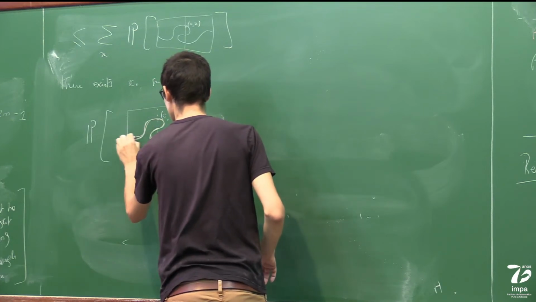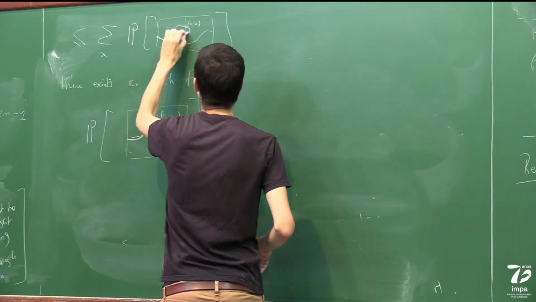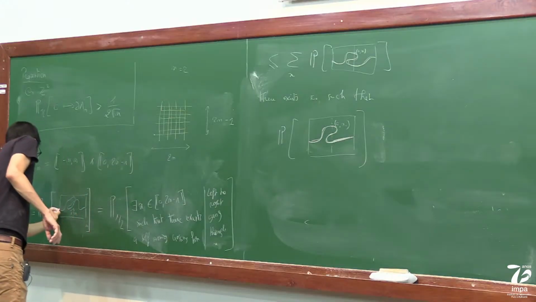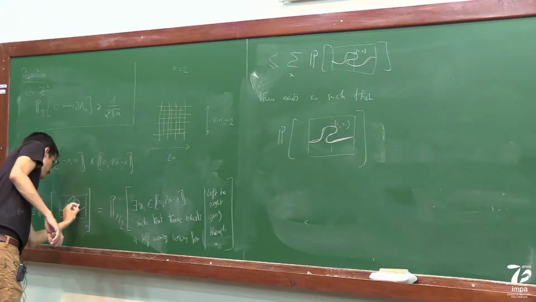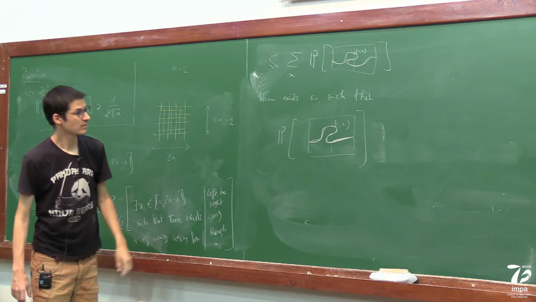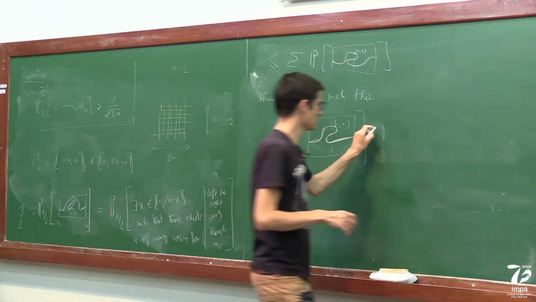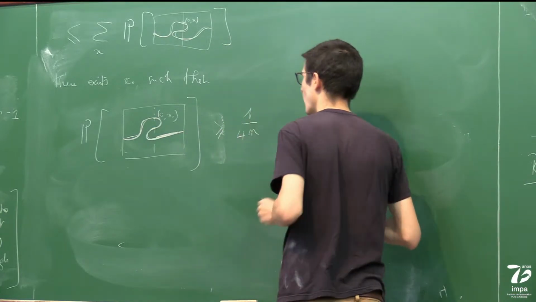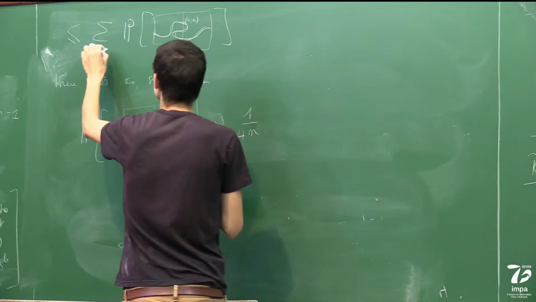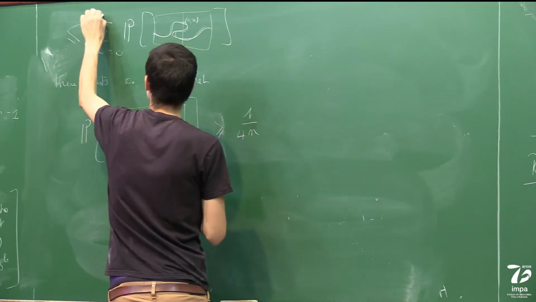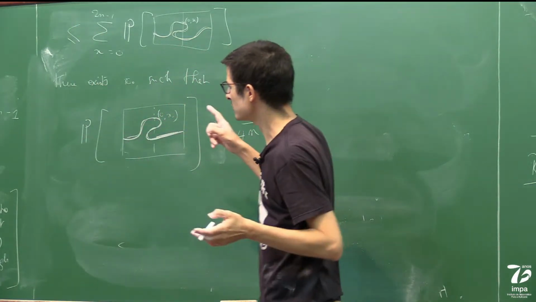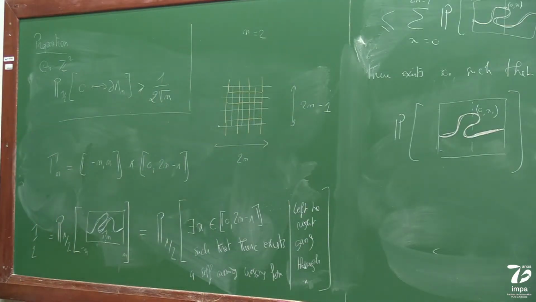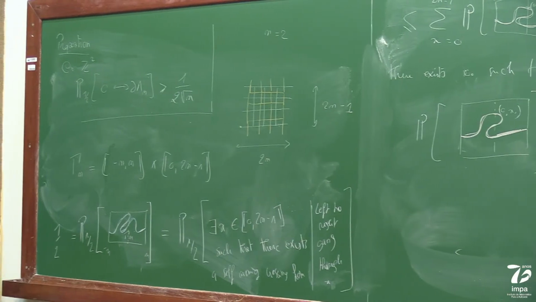Everything looks white on this board. And this is larger than 1 over 4n. This is from x equals 0 to 2n minus 1. I have a sum with 2n terms. I know that this sum is larger than 1/2, so one of the terms has to be larger than 1 over 4n.